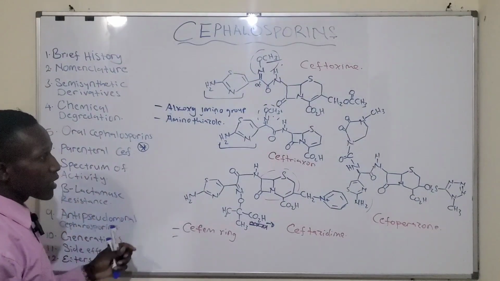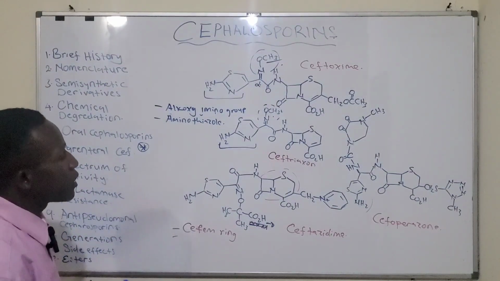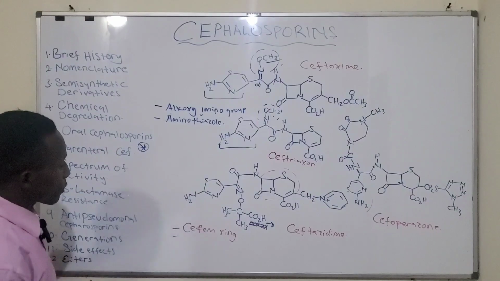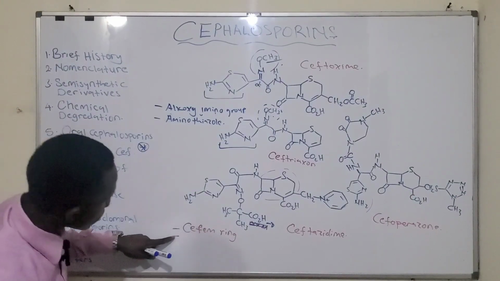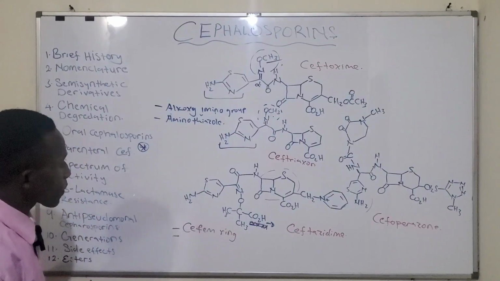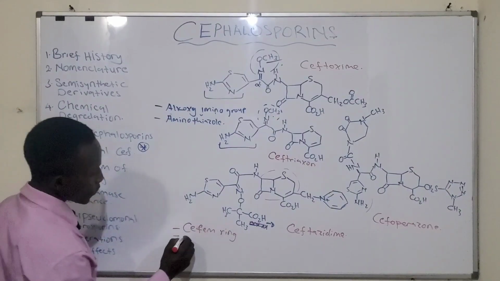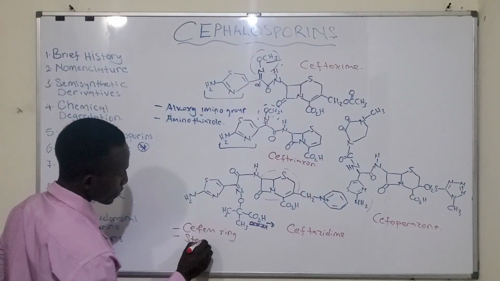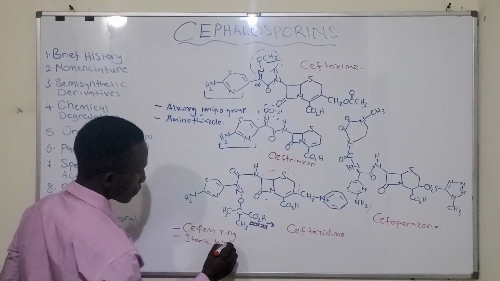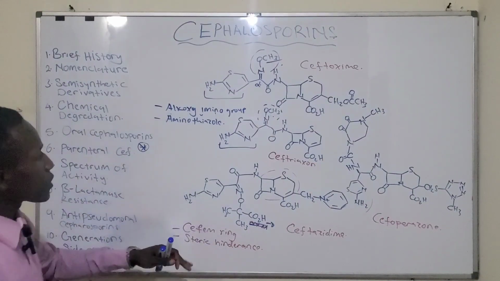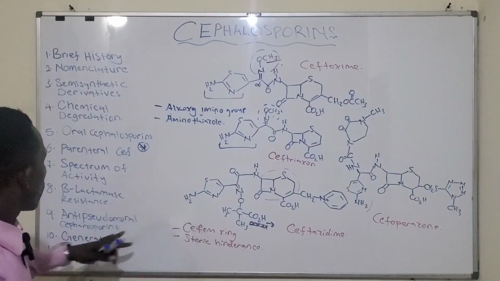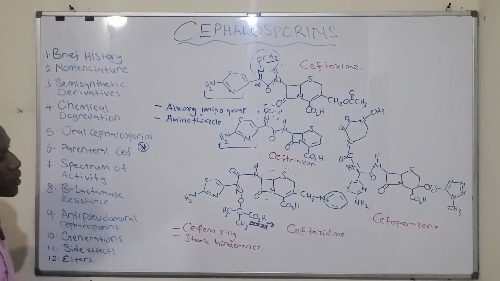So generally, all the cephalosporins are relatively stable to beta-lactamases, but the extent varies because there is also steric hindrance. Steric hindrance increases the resistance to beta-lactamases.